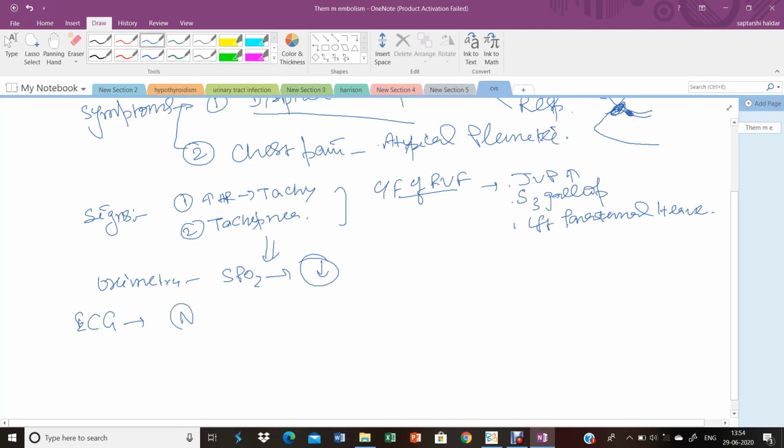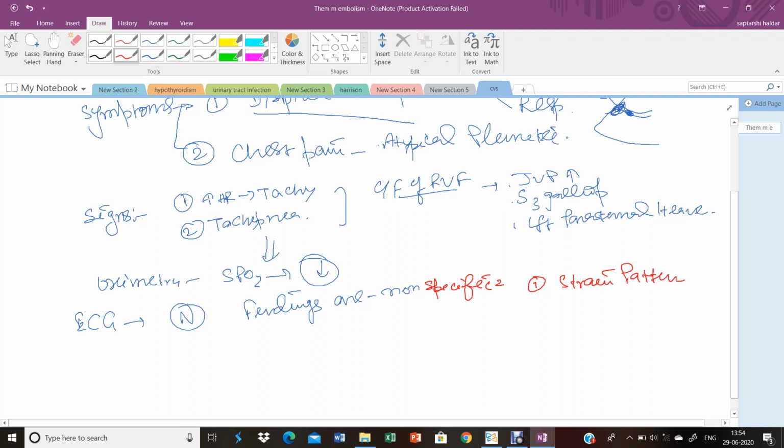In most cases the ECG is normal. If there are abnormal findings, they are non-specific. Non-specific signs include a strain pattern, which is the most common.